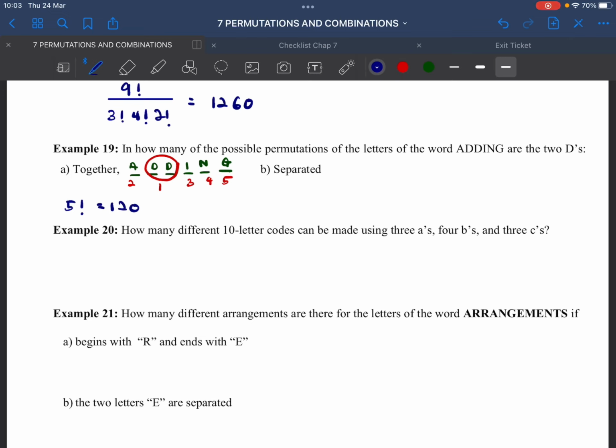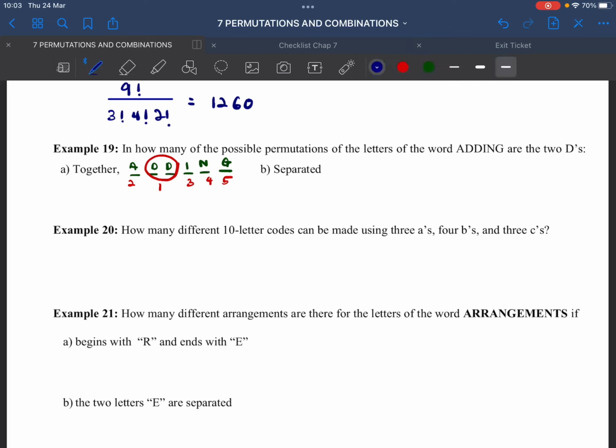The 2 letters D are together. So 2 ini kita sekalikan, dikonsiderkan sebagai 1. Kira yang tak together tu 3, 4, 5, 5 factorial. Okay, yes, supposedly kamu boleh darab dengan ini, antara 2 ni boleh bertukar, 2 factorial, right? 5 factorial darab 2 factorial darab 2 factorial.